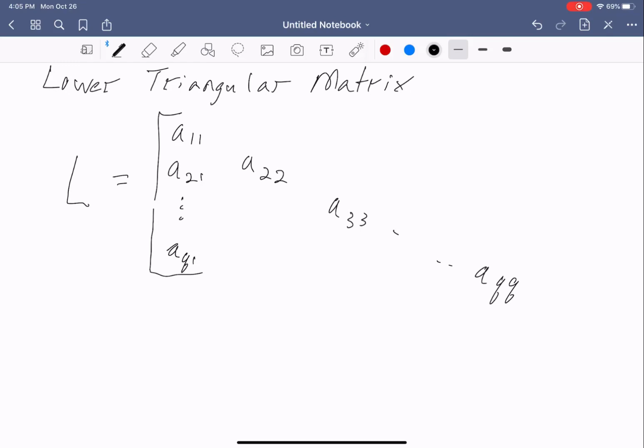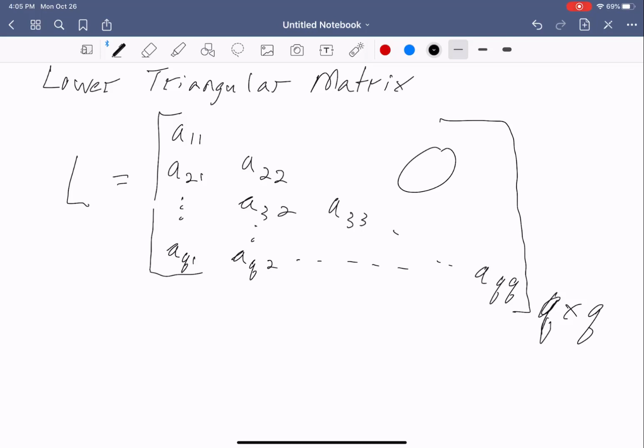Here we have A32, and so on down to AQ2, and then across to there, and this is a Q by Q matrix, and there's 0 on all the elements beyond that. So these are all 0. Above there, there's a 0, and so on.